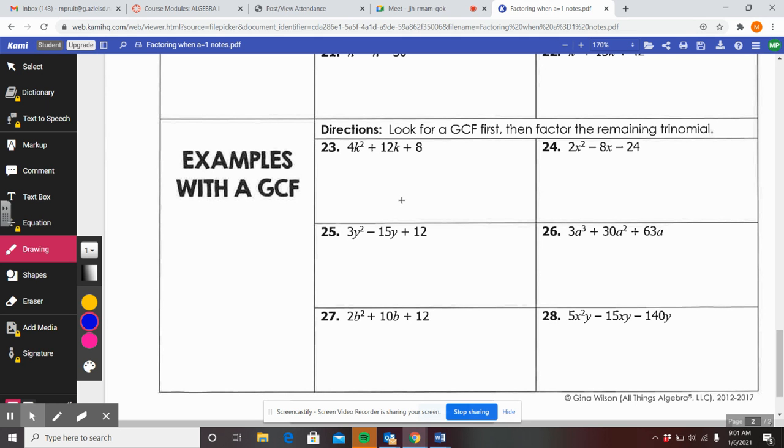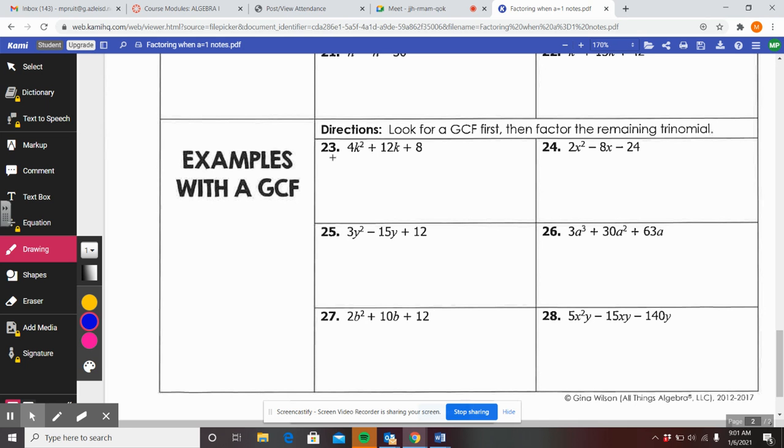Okay, so when you have something like this, where there's numbers with the A and B and C, what you want to look at first is, does something come out of those? Meaning, 4, 12, and 8 are all factors of what number? And 4. Okay, so we want to find the greatest common factor. 2 is a factor, it's not the greatest. So the greatest common factor is 4.